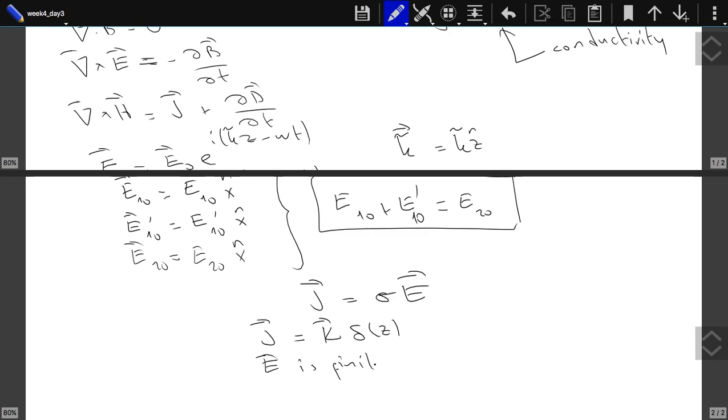The electric field is finite on the surface, so if I just combine all of these, K is equal to 0. So there is no surface current. Although in principle, I can have current running very close to the surface. But what we mean by a surface current is a current that is only on the surface, that doesn't have any extent, any volume, just an area.